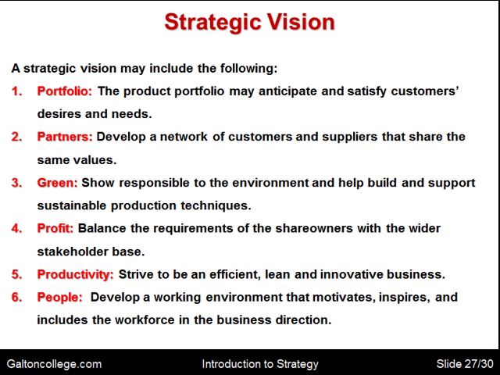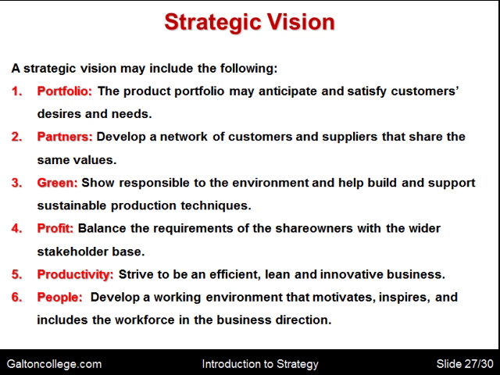And people. Develop a working environment that motivates, inspires and includes the workforce in the business direction. The business in many respects is the people. The people are the business. Without people, without workers, without management, there is no business. There are premises and machines, but nothing is happening.